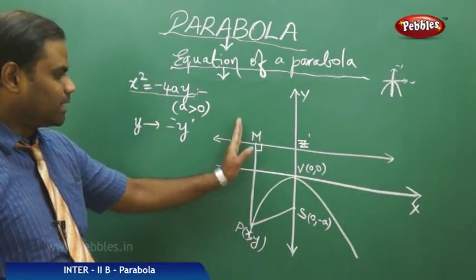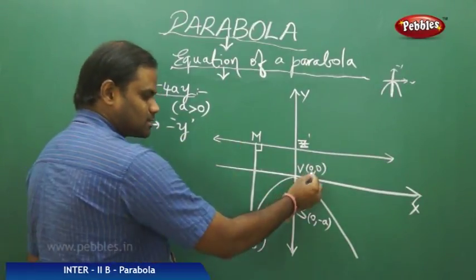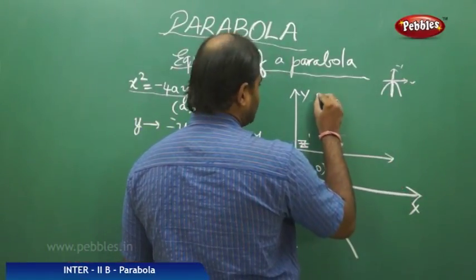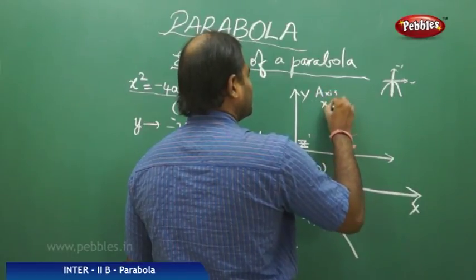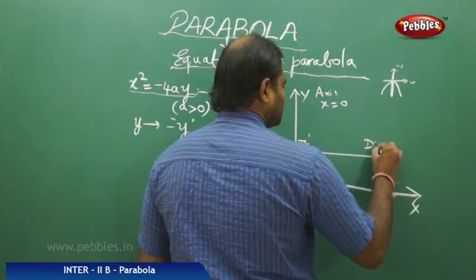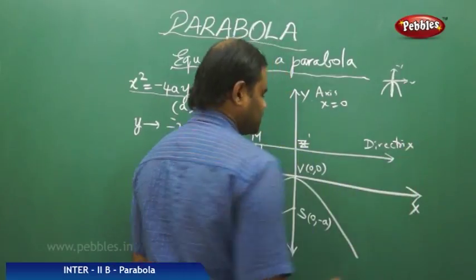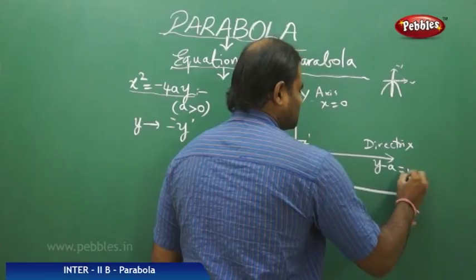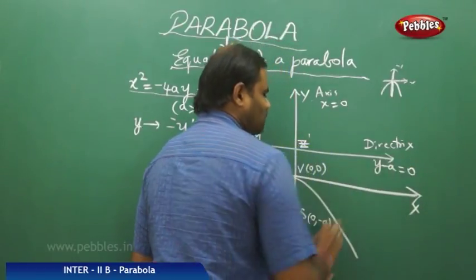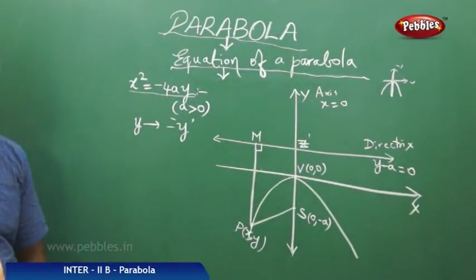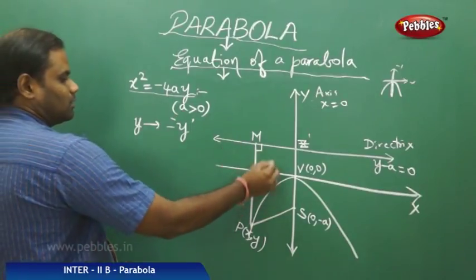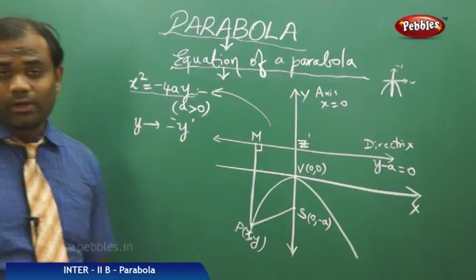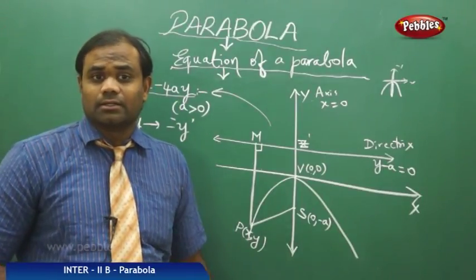So this is how I get this, where my vertex is this, my focus is this, and my axis is x equal to 0, and my directrix equation is given by y minus a equals 0. This is how I get each of the properties for the parabola, which is in the form x squared equal to minus 4ay with a greater than 0.